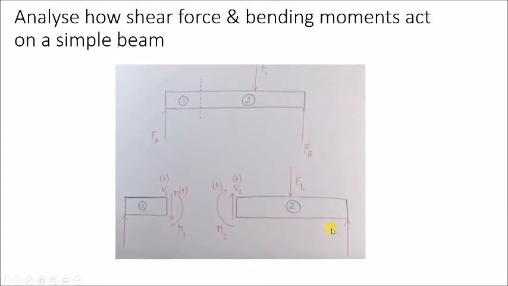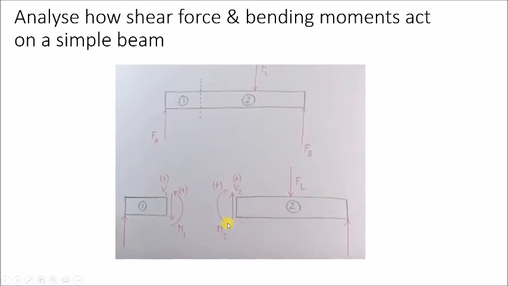Also, what we have is a bending moment between this reaction force and this downward force. The beam would be trying to actually rotate in an anti-clockwise direction, try to spin in an anti-clockwise direction.